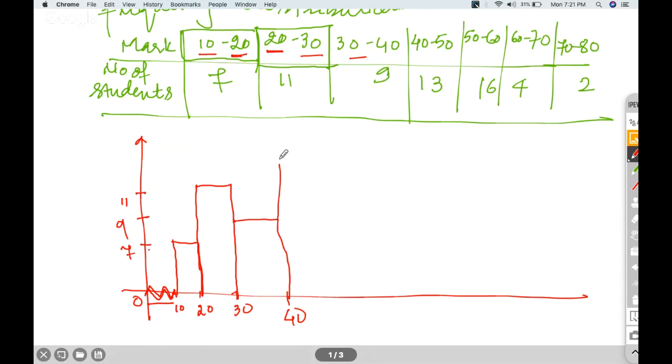Now 40 to 50 is 13, so it will be somewhere like this. So this is 50. Now 50 to 60 is 16, so it is somewhere like this.